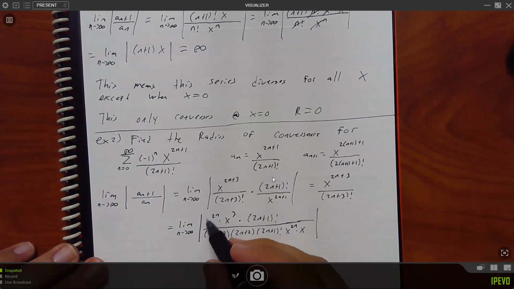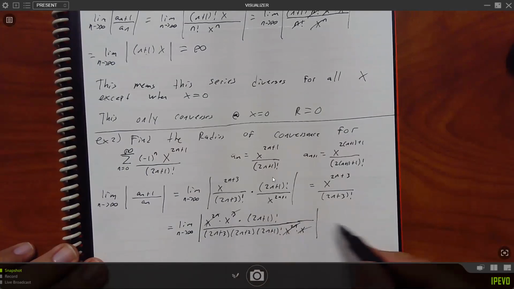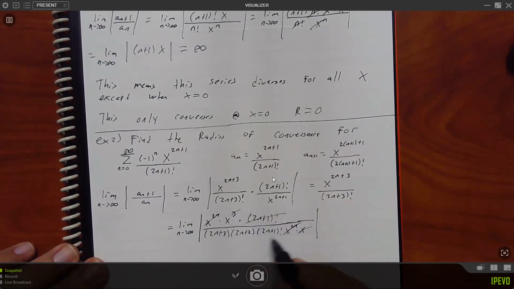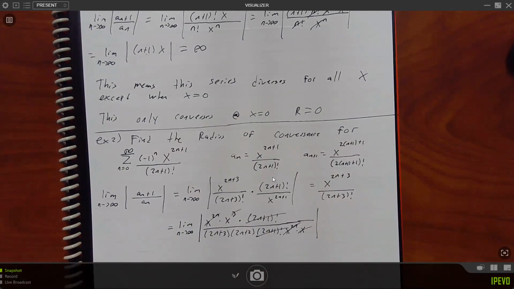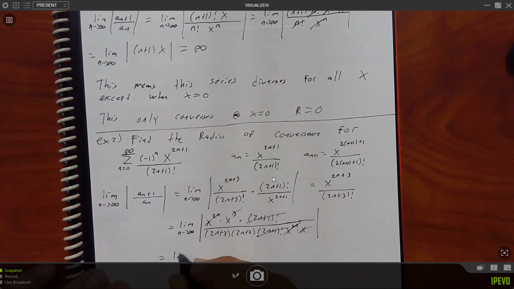So that will cancel this guy, cancel one of those, cancel the factorial. So that will leave me with x squared over (2n plus 3)(2n plus 2), right?